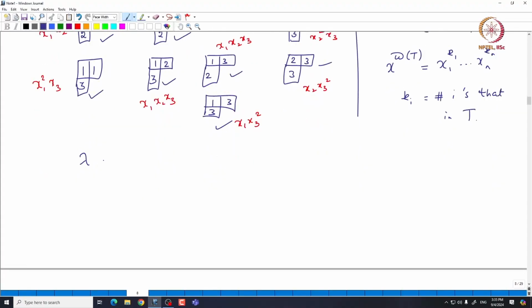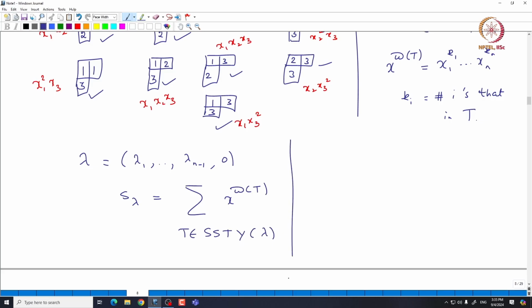Given a partition lambda 1, etc., lambda n minus 1, 0, we take the Schur polynomial associated with this lambda. This is nothing but the summation of x to the power omega of T, where T runs over all the semi-standard Young tableaux of shape lambda. You can easily see that just from the definition it is not very clear whether this is indeed a symmetric polynomial or not.